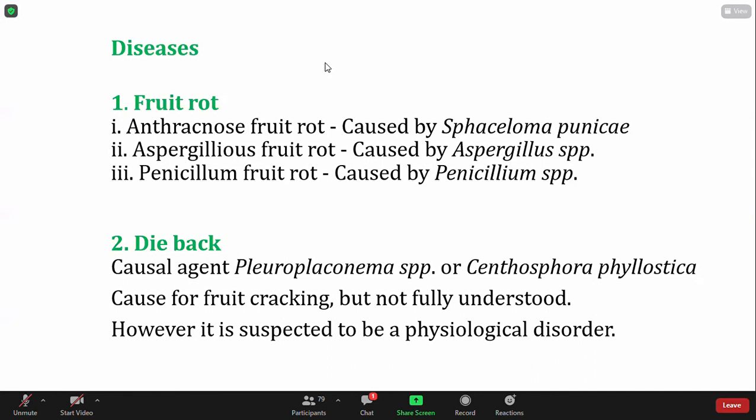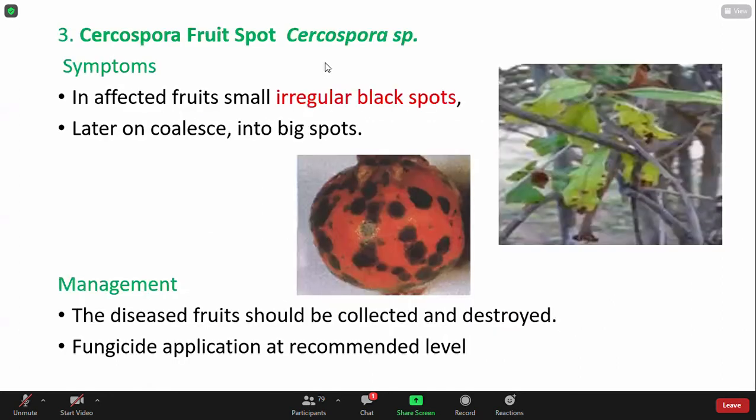The reason for fruit cracking is not yet fully understood, however it is suspected to be a physiological disorder. As I already told, dieback can be due to pest attack, disease, or environmental stress.